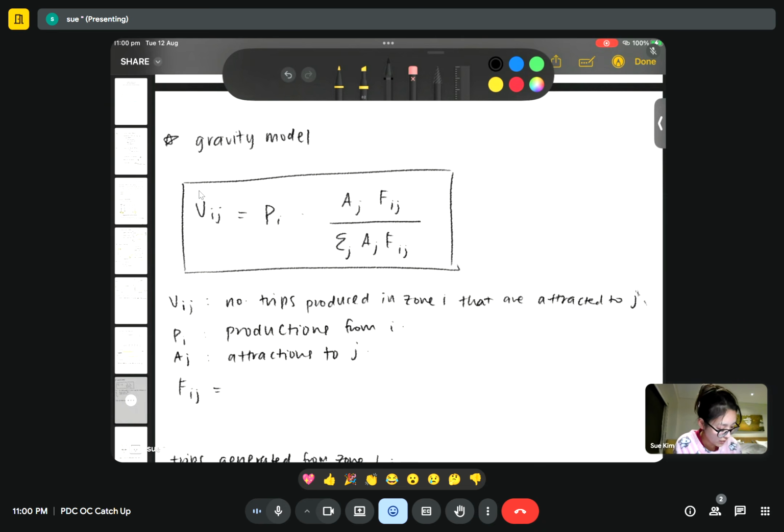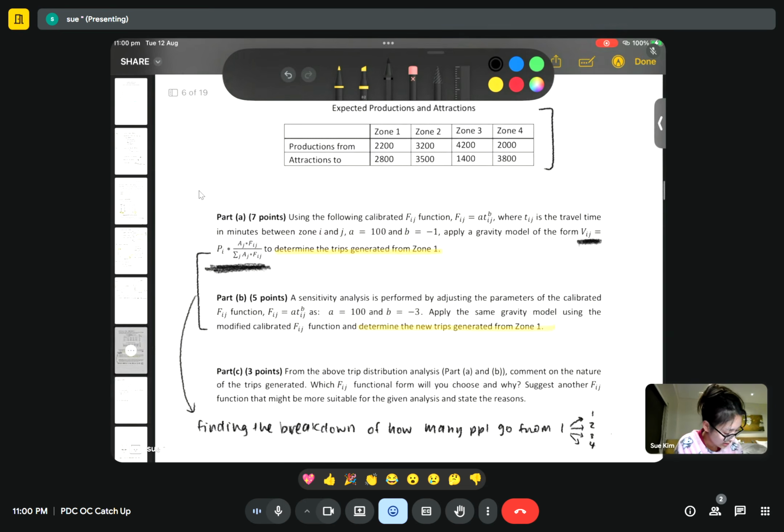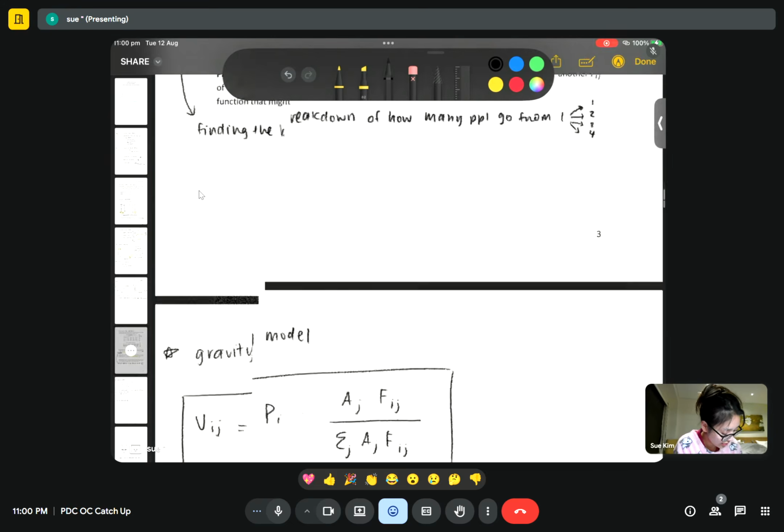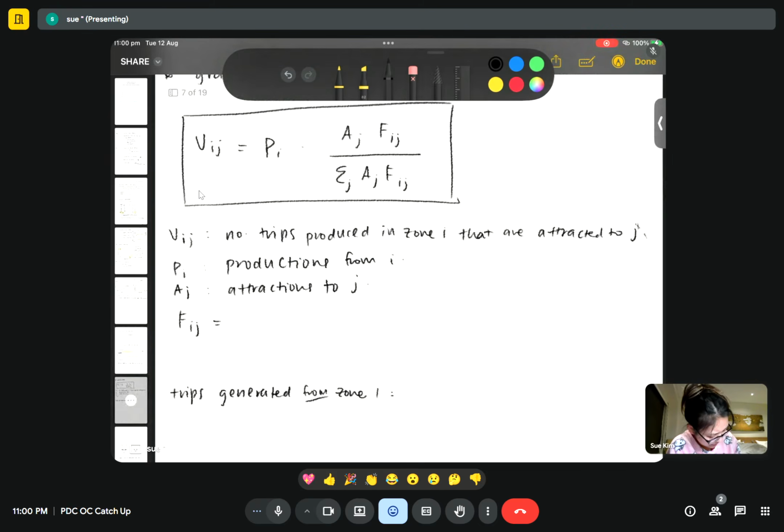That comes from, as they say in the question, it's equal to A Tij to the power of B, where A equals 100 and B equals -1. That basically means it's Tij to the power of -1, so it's 100 over Tij.